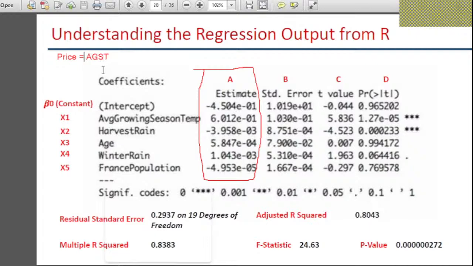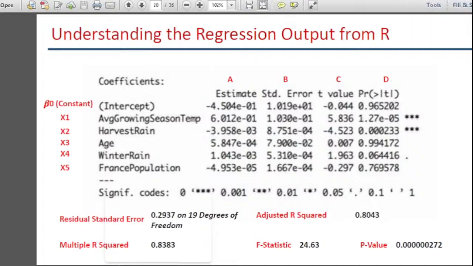These are the coefficients. These are the estimates. With this column, the estimate, you can create the regression line. Let me write it in a neat way.